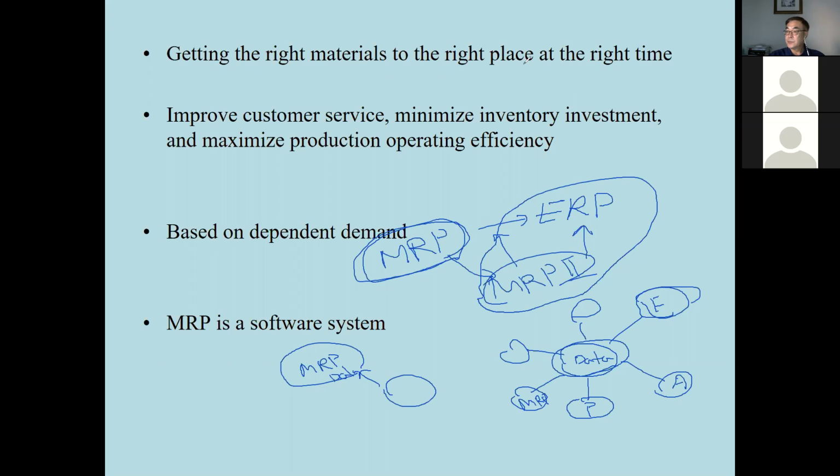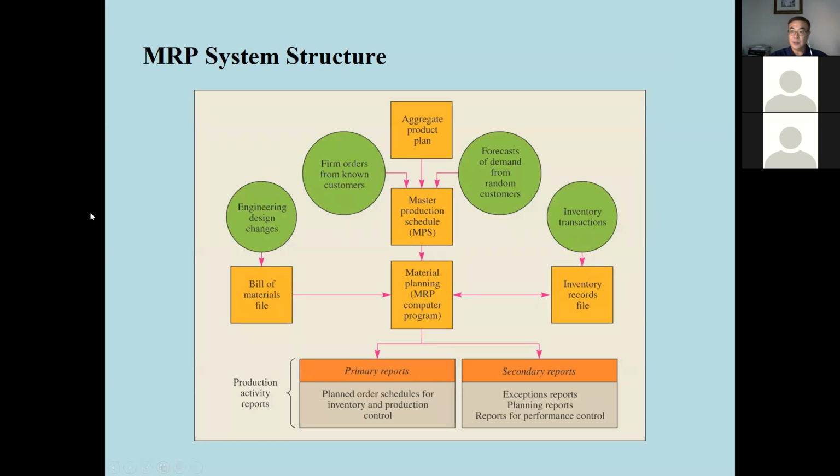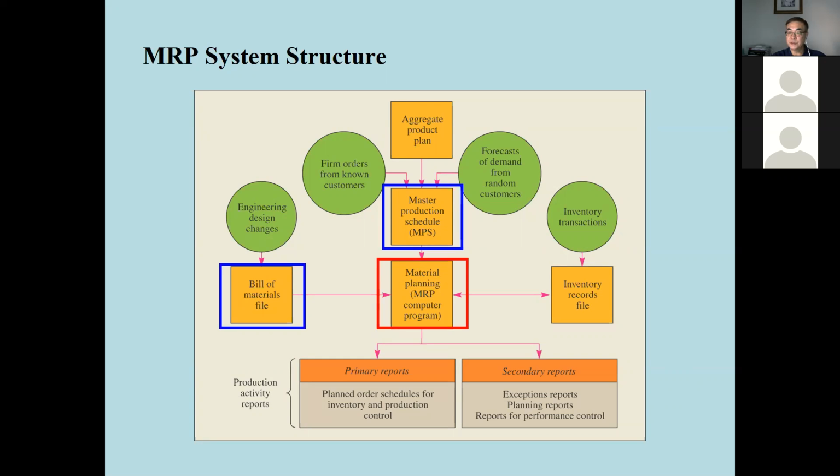Okay, then. A kind of structure of the MRP system. To run an MRP system, we need 3 basic required files. The first one is the MPS, master production schedule, and then the bill of material, and the inventory record file. Using these 3 kinds of data or information, we can run the MRP system.